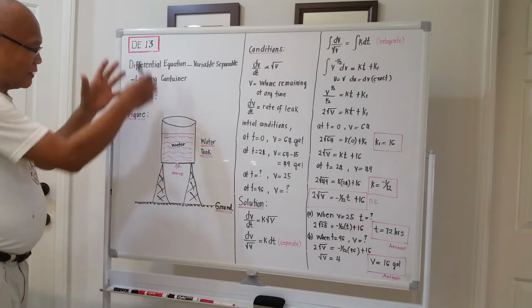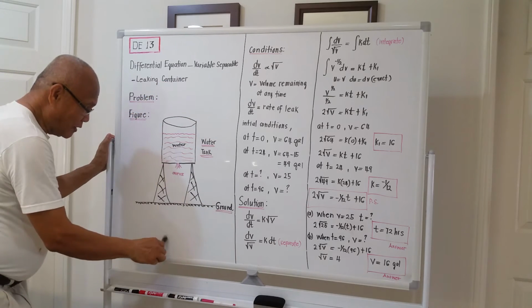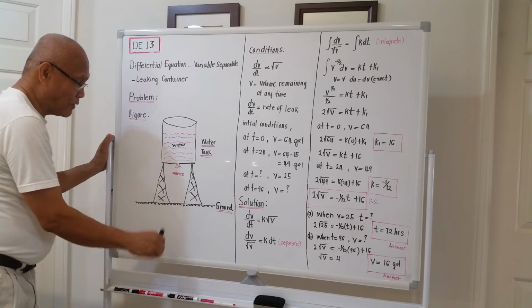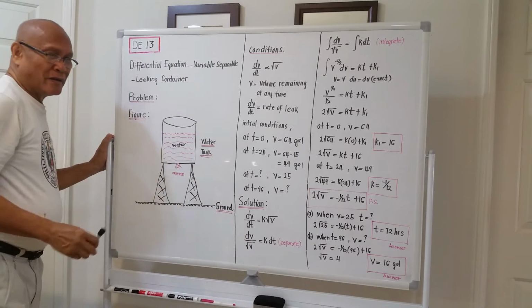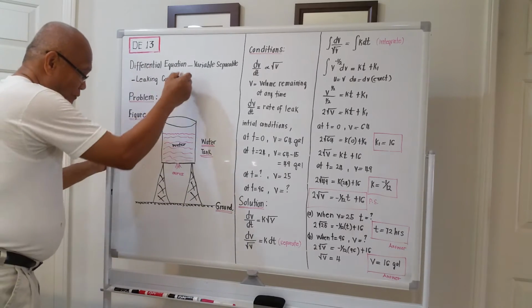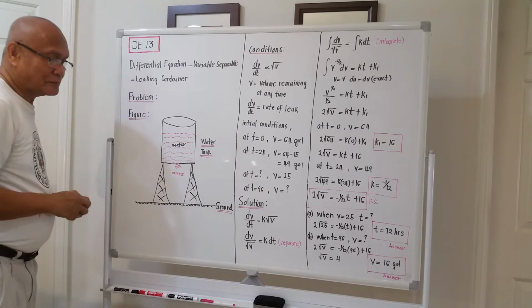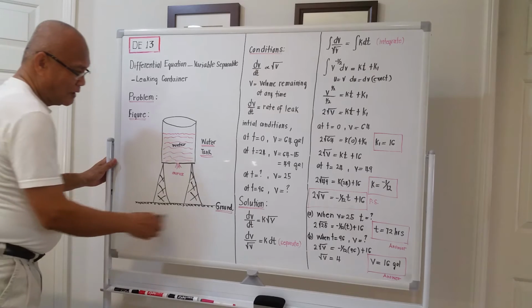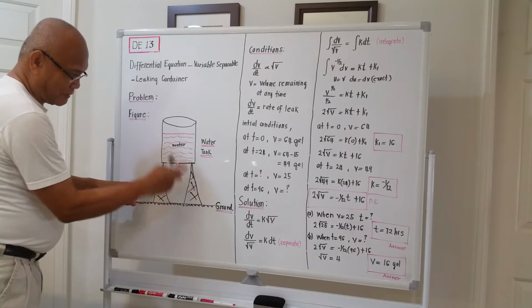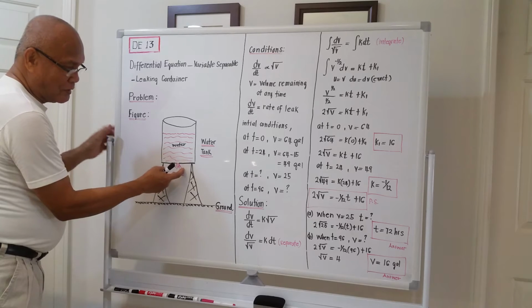So if you try to figure out the problem, this should be the tank. It is erected vertically, with the axis along the y-axis. This should be the ground, these are the base of the tank, and there is an orifice at the bottom.